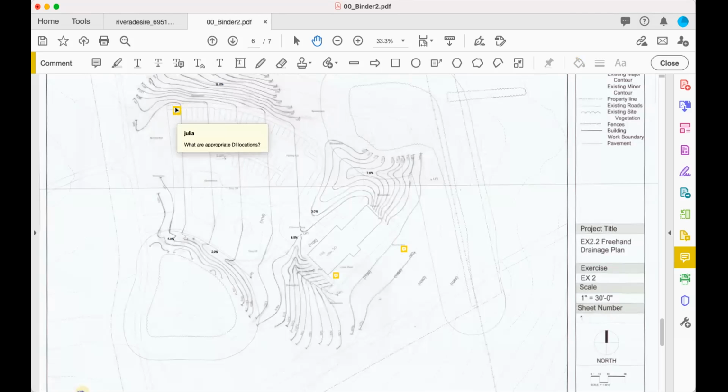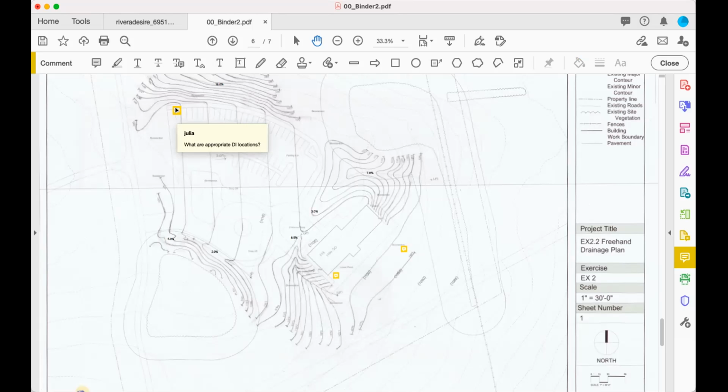Oh, appropriate DI locations. We're not yet at that phase, but I can very quickly explain where the DI should be. The DI should be at dead corners where water can't go anywhere unless you have a drain inlet there.